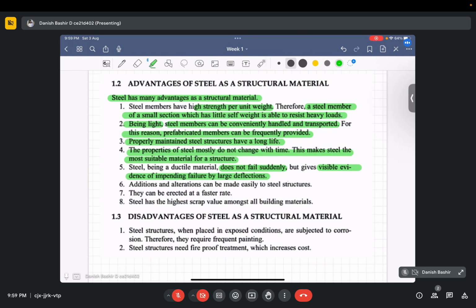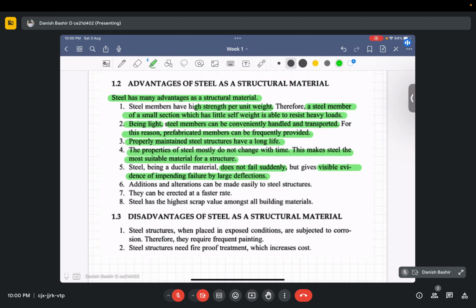For example, for a beam made up of steel, if the load on it has exceeded its load carrying capacity, it will not fail suddenly. It will give a visible warning by having very large deflections. As compared to RC members, where there is a sudden failure of the concrete, in steel members there will be visible large deflections that give us evidence of an impending failure.